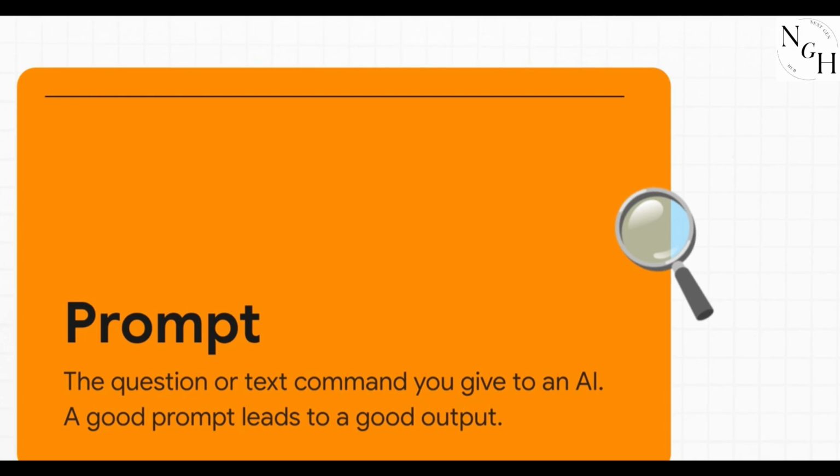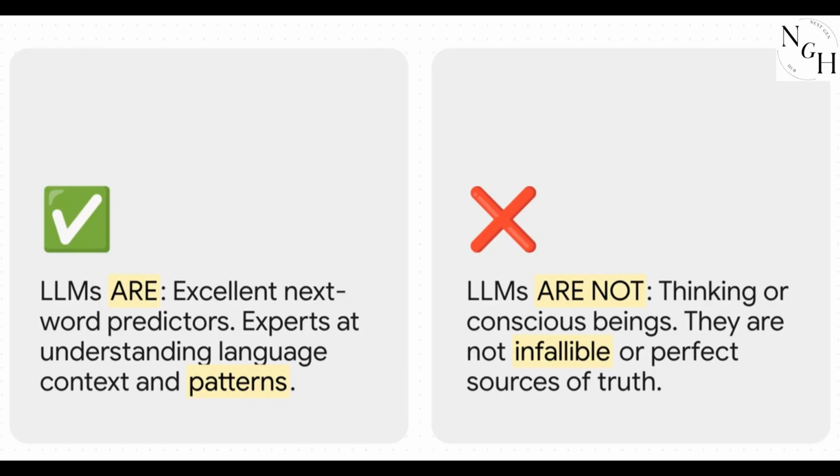Simple as that. Okay, this next part is maybe the single most important thing to get. LLMs are incredible at predicting the next most likely word in a sentence. They're amazing pattern matchers. But here's what they are not. They are not thinking. They're not conscious, and that means they are definitely not a perfect source of truth.